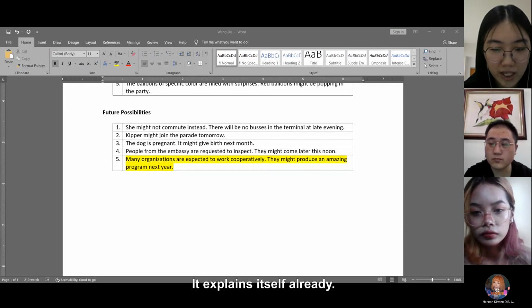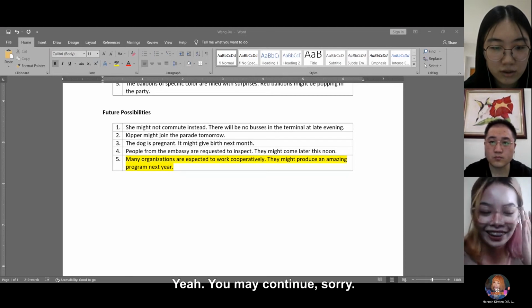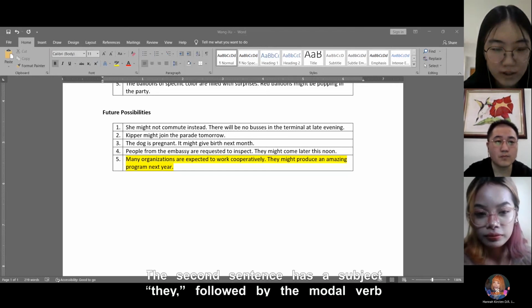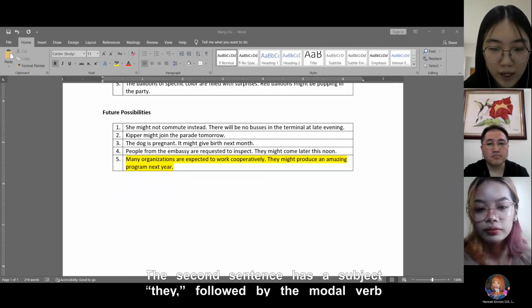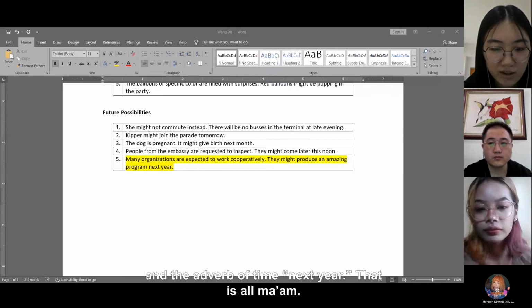It explains itself already. The second sentence has the subject they followed by the modal verb might, then the base form, then the direct object, amazing program, and the adverb of time, next year. That's all.